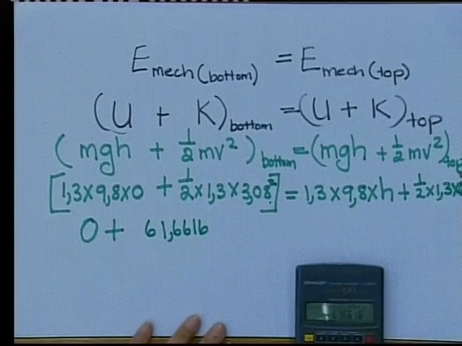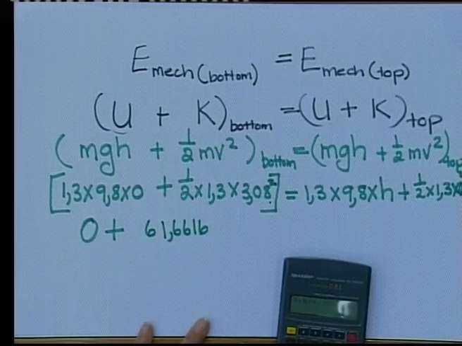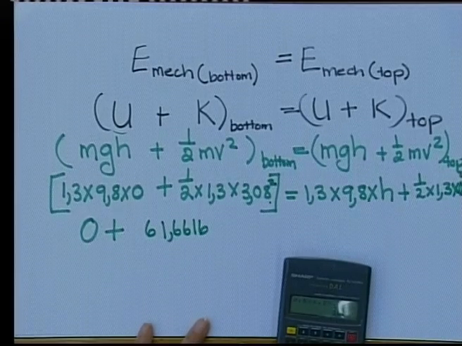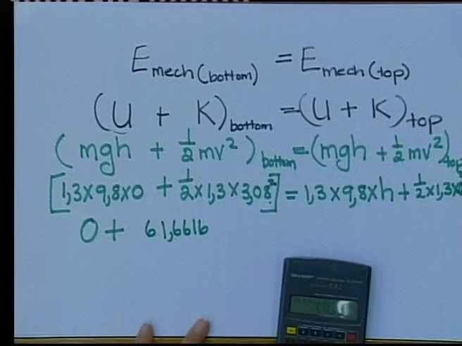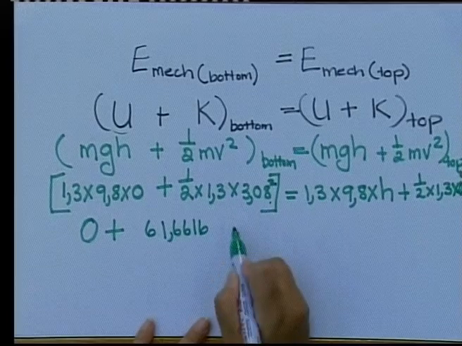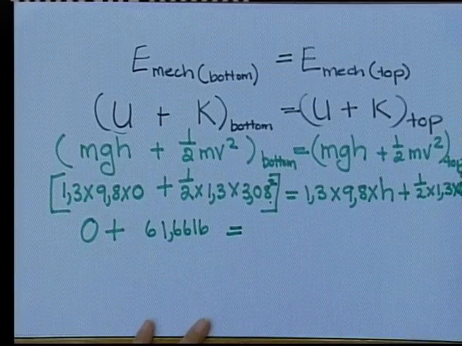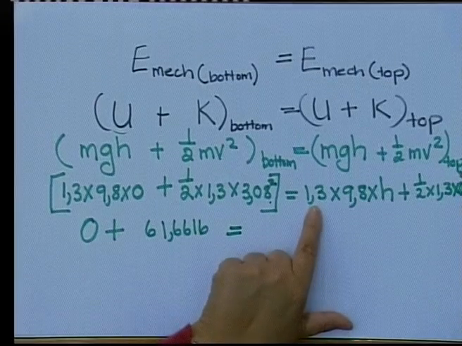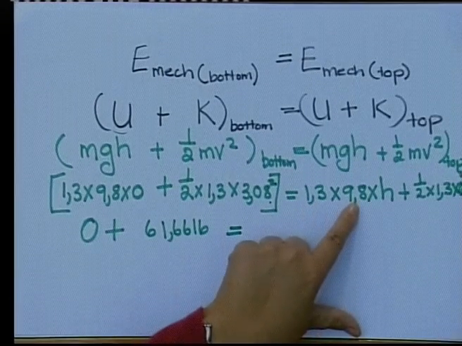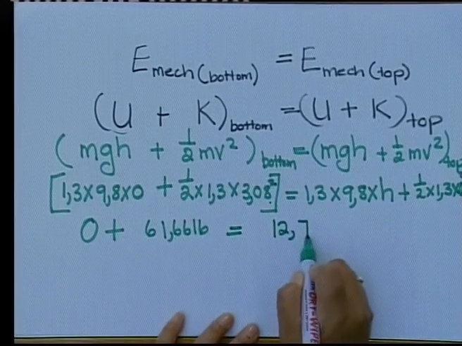Right, we'll just double check there. All right, if you have a different answer, please let me know. And that will be equal to 1,3 times 9,8. And that will give you 12,74.